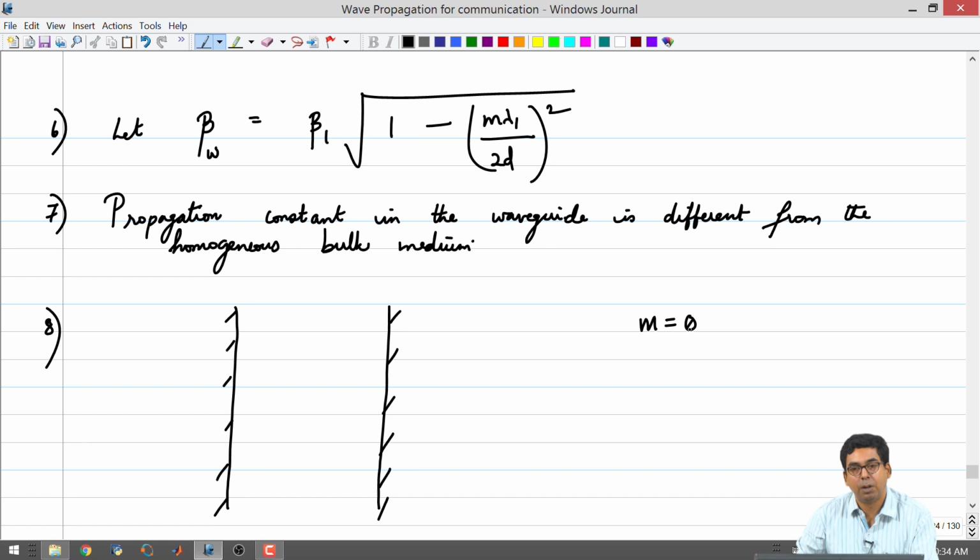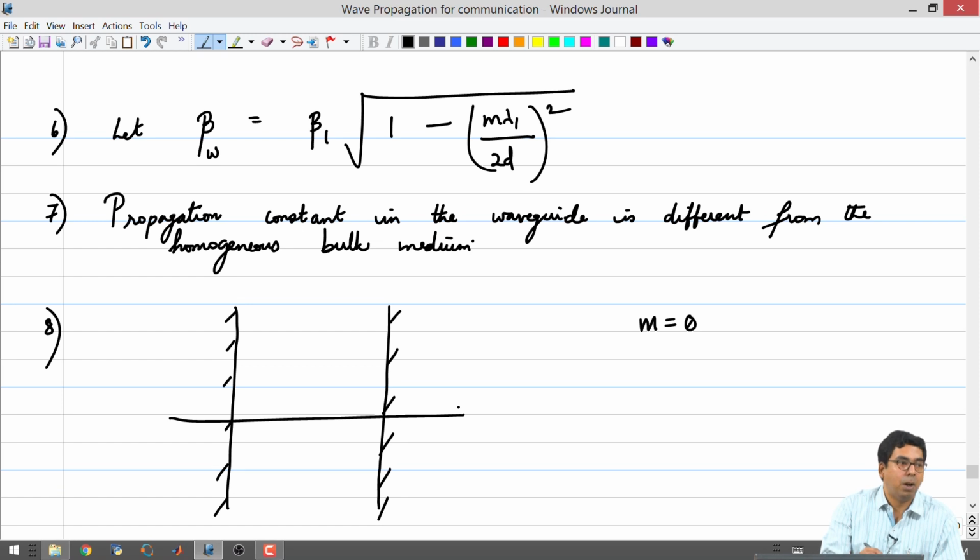I just want to draw the total fields, and what I want to do is go from one plate to another plate and draw the relative total fields. On the left side it is an interface, it is going to be 0, on the right side it is going to be 0, and in the middle what is happening is what I want to plot. So, I can draw a line like this and I want to draw the magnitude or the amplitude of the total fields.